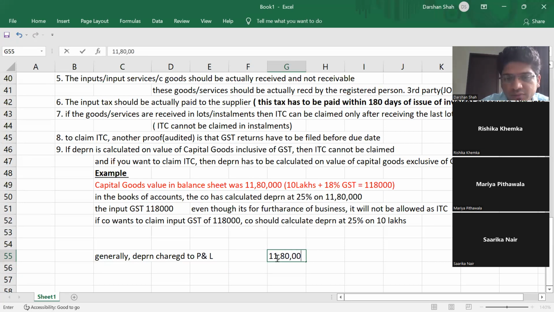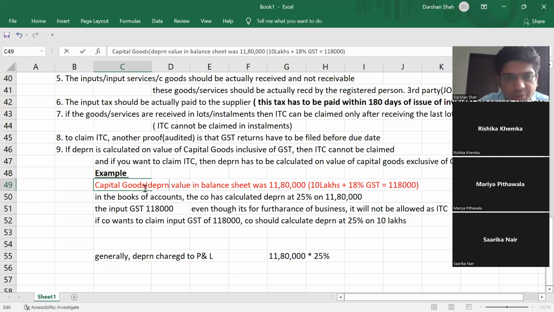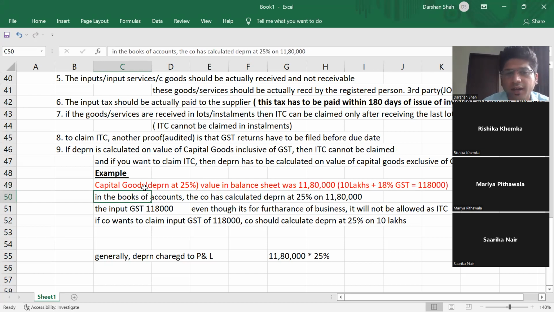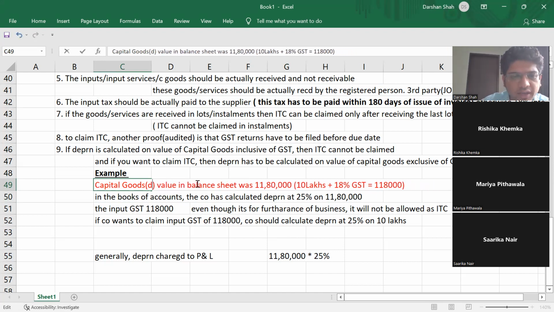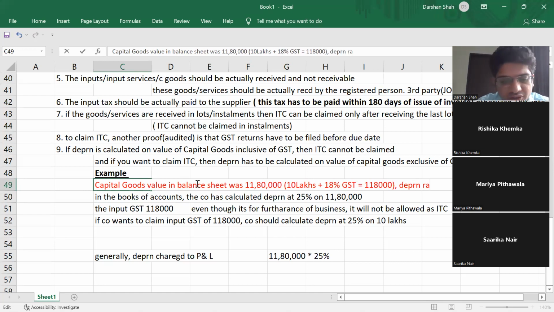Value of capital goods into the depreciation rate, let us say 25%. The value of capital goods in the balance sheet is 11,80,000, and I'll write the depreciation rate separately so that there is no confusion. Depreciation rate is 25%. This was the example.